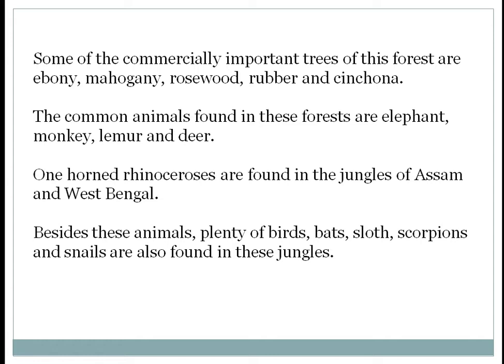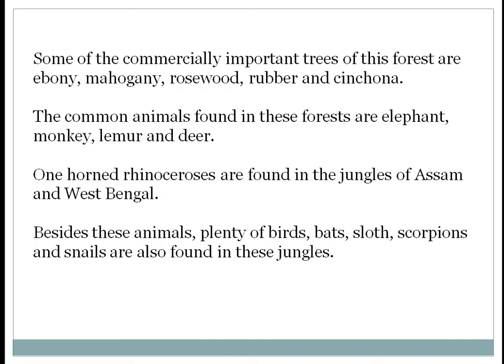That means trees, shrubs, creepers, giving it a multi-layered structure, as you observed in the photograph. There is no definite time for the trees to shed their leaves. As such, the forest appears green all the year around. That's why it has been given the name tropical evergreen forest.